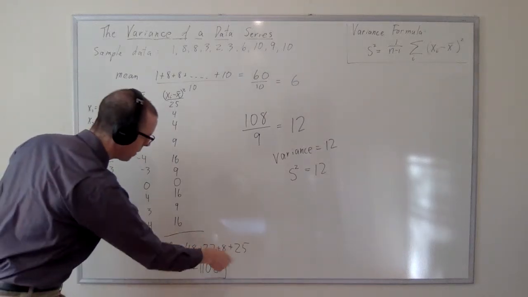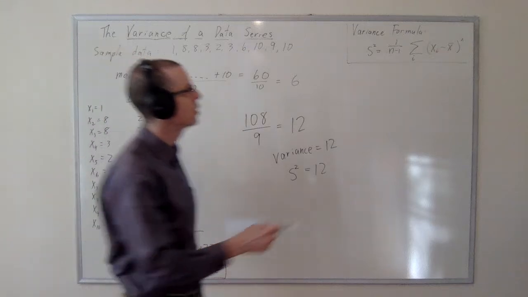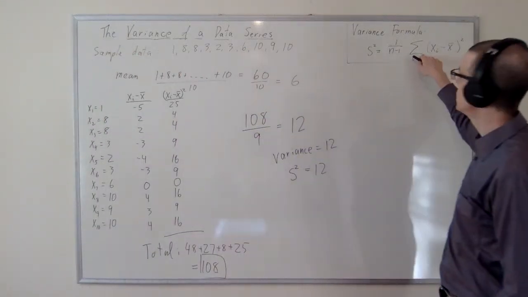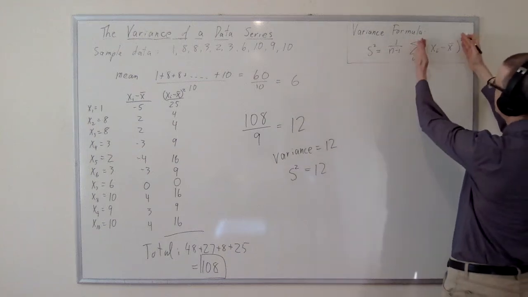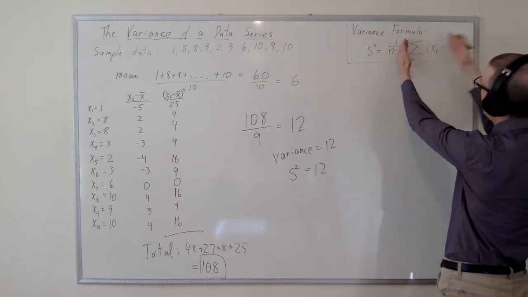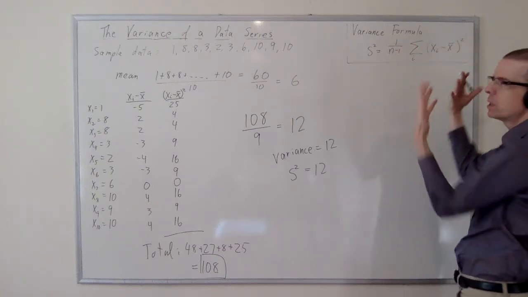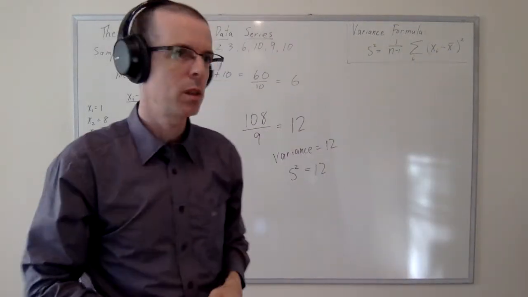It doesn't really matter how I did it. I just took these values and added them up and got 108. So this sigma sub i means take all of these many values and add them up. It's interesting to see here, there are 10 things represented here, and there are 10 squares represented here. But this means add them all up. So once they get added, there's only one total, the result of the process of addition.